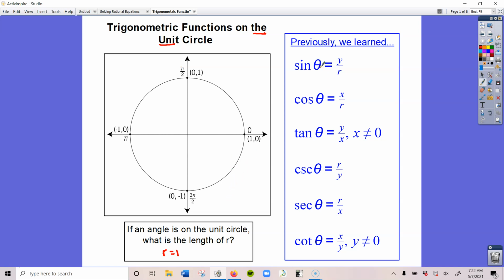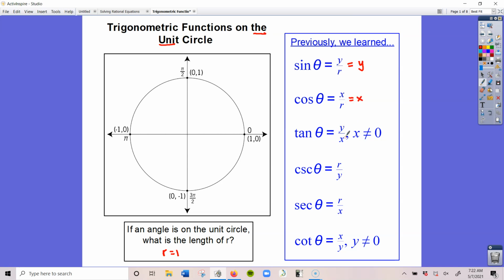Now previously we learned that the sine of theta is equal to y over r. Now on the unit circle, if the radius is 1, that means that the sine of theta will just equal y, since it would be y over 1. Cosine of theta we learned is x over r. Same concept. Since r is equal to 1, then x over 1 is just going to equal x.